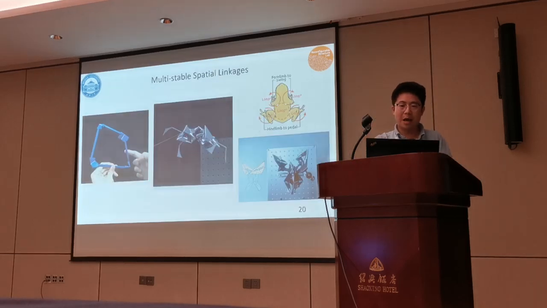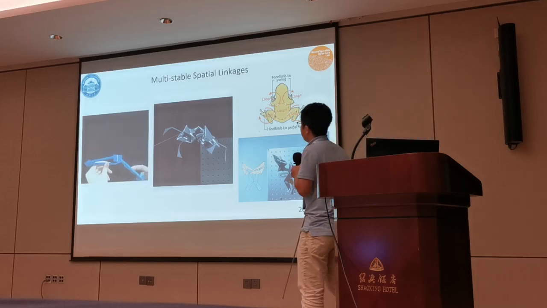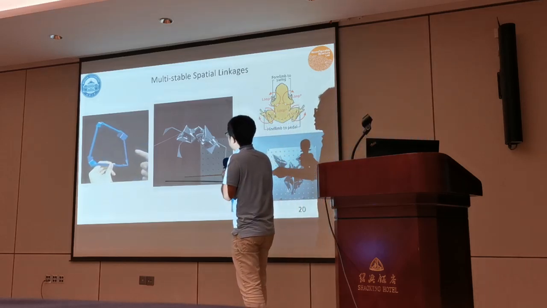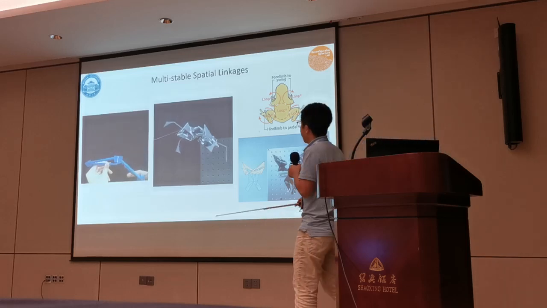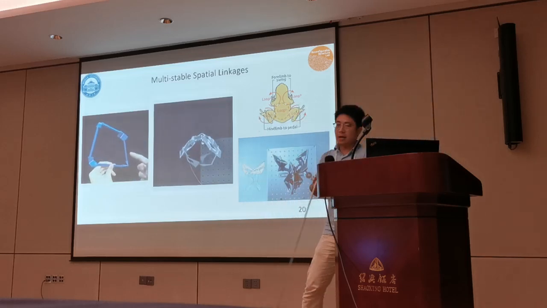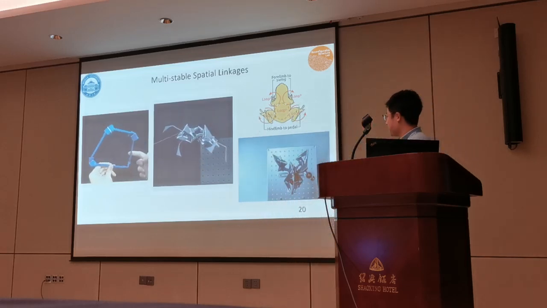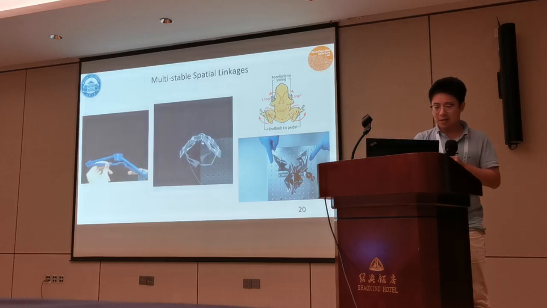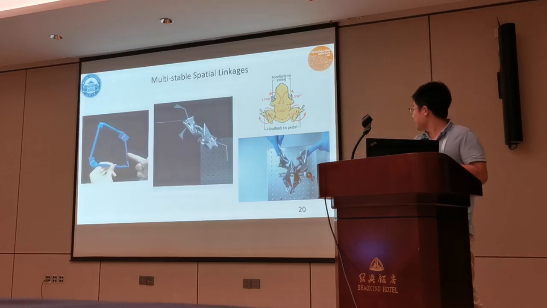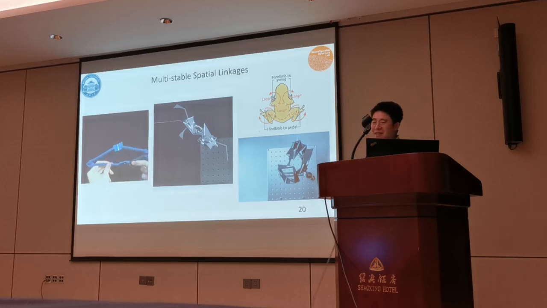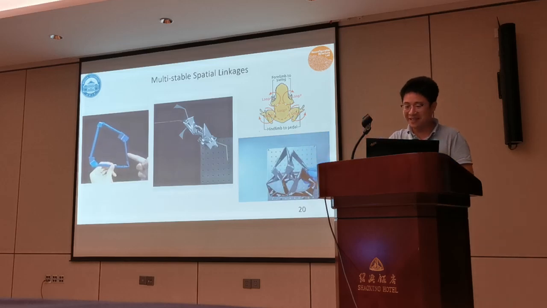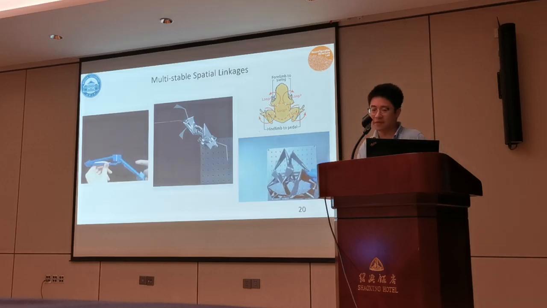We are also moving into 3 dimensions for some multi-stable spatial linkages. As you can see here, we are developing an impulsive gripper, and we're also making attempts to make it jump. But it's really not there for now; we're just trying to make use of it.